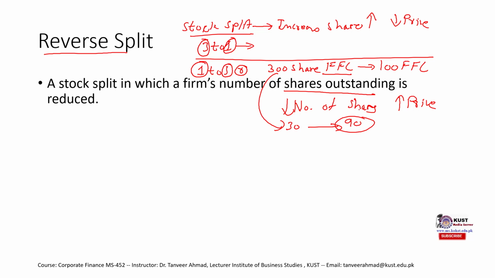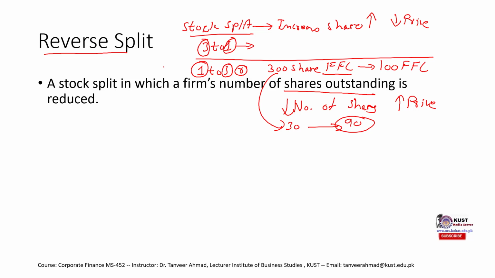So the increase, or the decrease in the case of stock split, would be approximately the same number of times as the split ratio. In this case, the number of shares is reducing by 3 times, so the share price would approximately increase 3-fold.